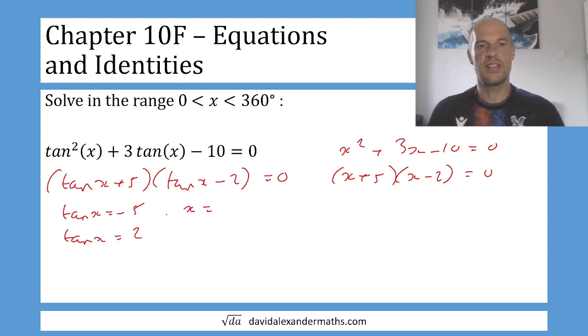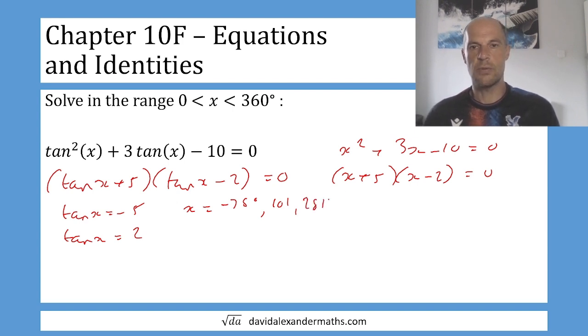So therefore x is the inverse tan of negative 5, which is minus 78 degrees. Let's just add 180 to it, so that's 101, plus another 180, 281, plus another 180. That takes me beyond the 360 limit, and we can get rid of the minus 78 because that's less than 0.